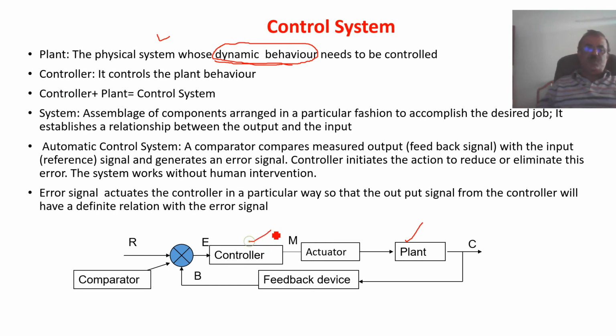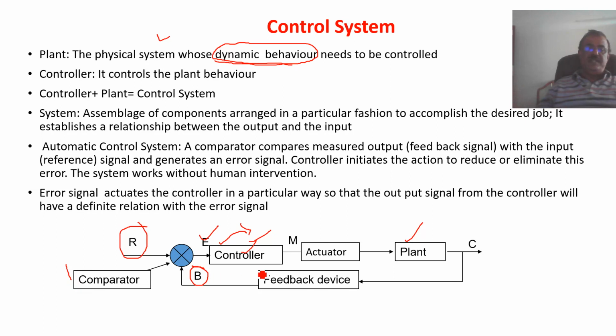The controller controls the plant behavior. What exactly does it do? It measures the feedback, compares the feedback signal with the reference signal, generates the error signal, and initiates a corrective action in a particular way. That is what the controller is. A system with a controller is a control system.